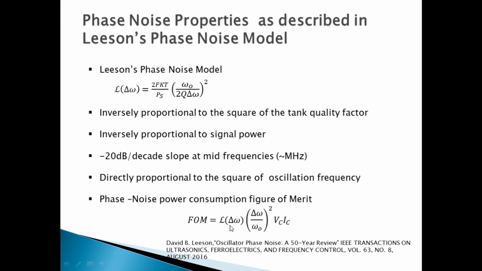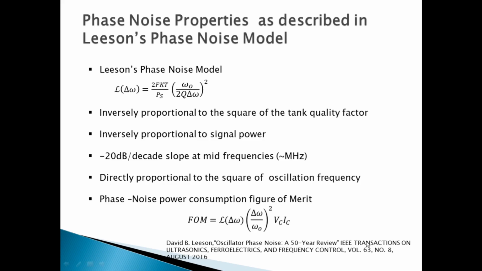So then we multiply the distance from the carrier divided by the carrier frequency square, and then multiply with the power, and we get a figure of merit.